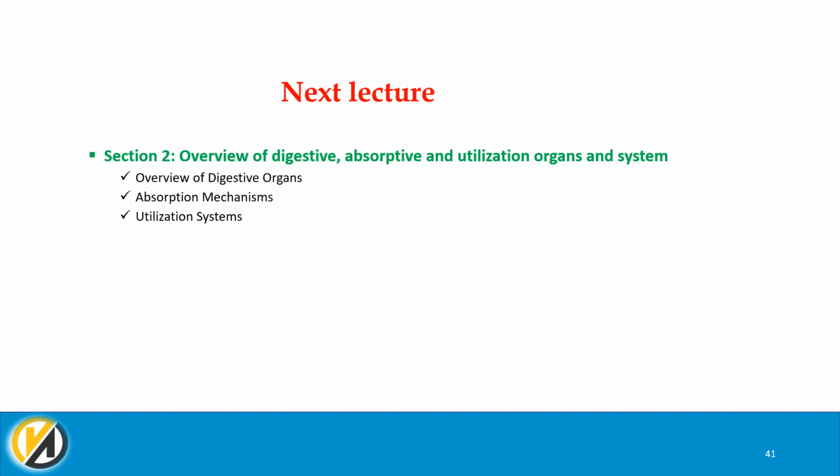These are some of the quizzes that you need to answer. And in our next lecture, we will delve into section 2, which is an overview of digestive, absorptive, and utilization organs and systems. In these lectures, we will discuss the overview of digestive organs, their absorption mechanisms and utilization systems.